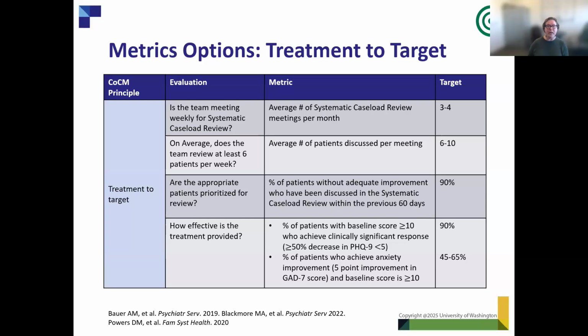To accomplish that, the registry should keep track of the length of time since the last case review and whether the patient is at least 50% improved since baseline. When the caseload is full, it's tough to quickly prioritize patients without a tool like the registry to help with those calculations.